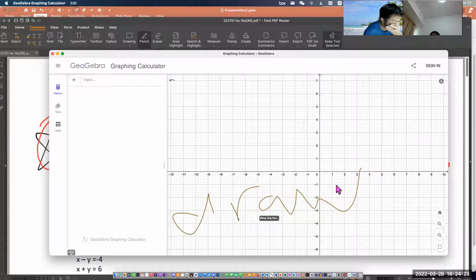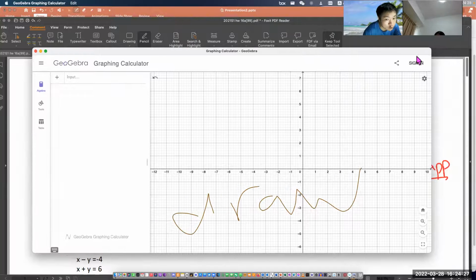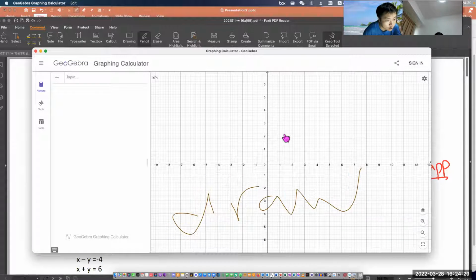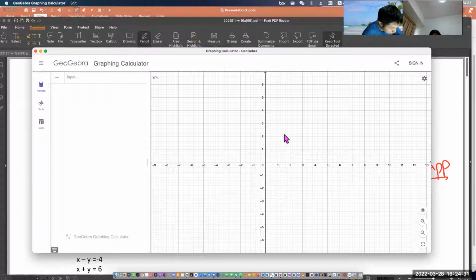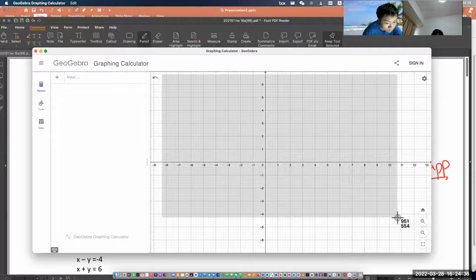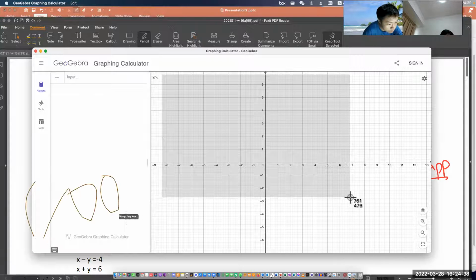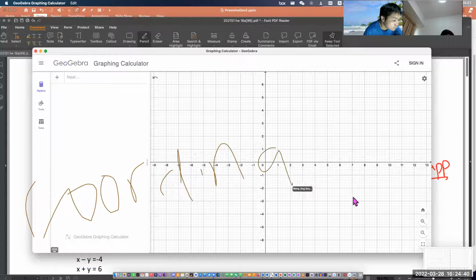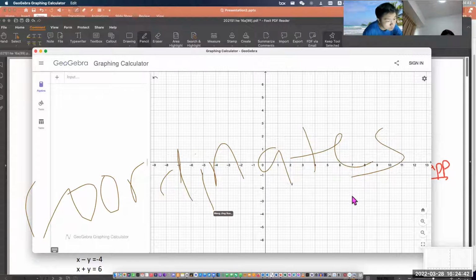Draw what? What you need to draw? Yep, you need to draw, but how to draw? That's my question. Any idea how to draw? Coordinates. Yep. So how do you start?